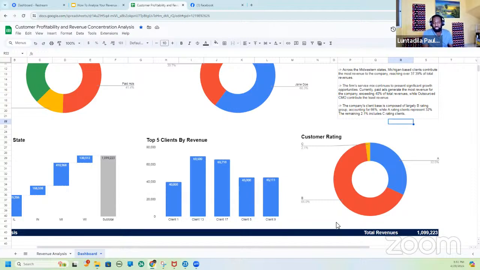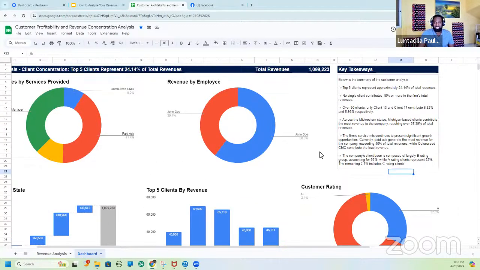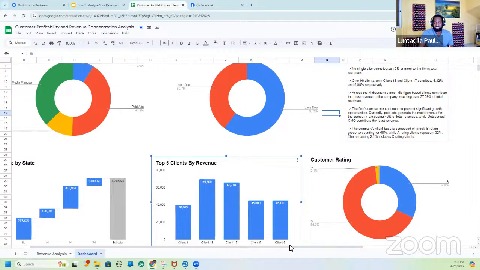And for our B-type client, we can approach them with a conversation to understand where there is a gap in our expectation of them and where they are, and what can we do to help them get to A-type clients.